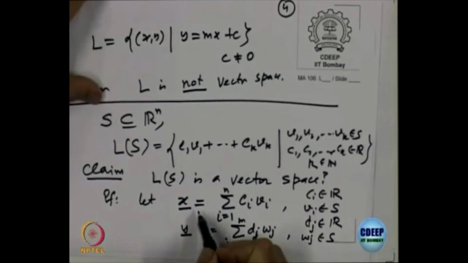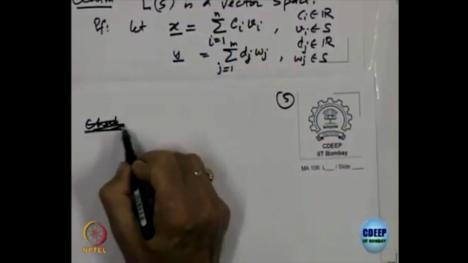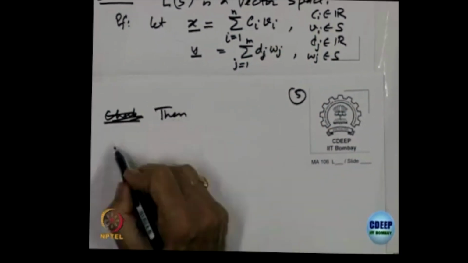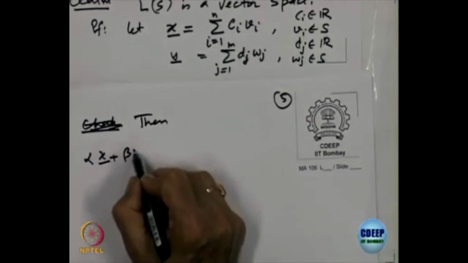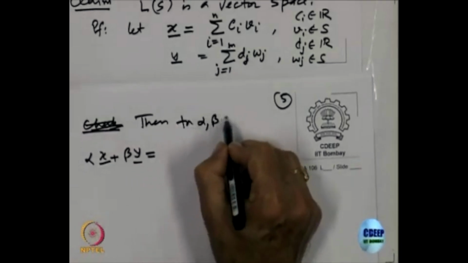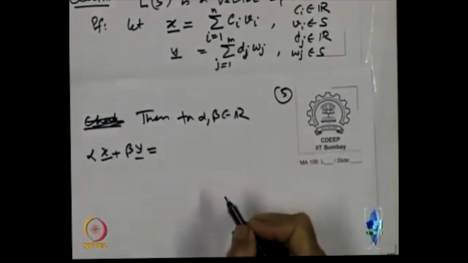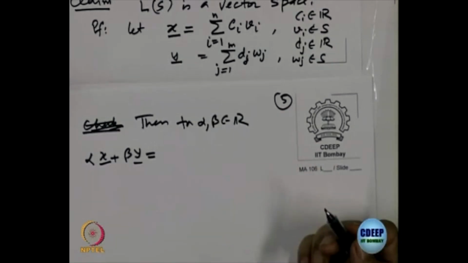So what we have to check is, what is alpha x plus beta y, for alpha and beta belonging to R. It is again a linear combination, right? But what is this equal to?